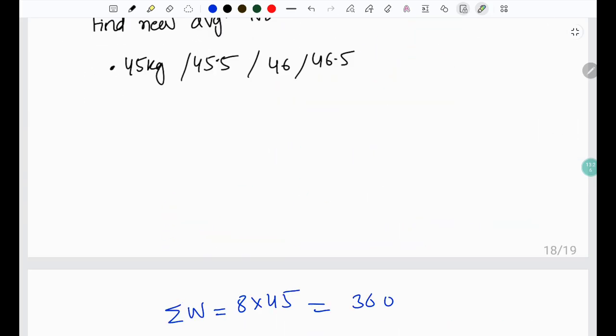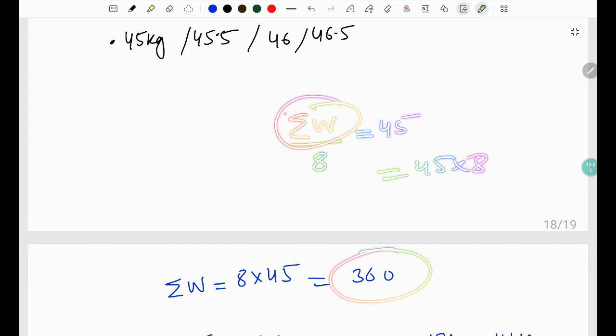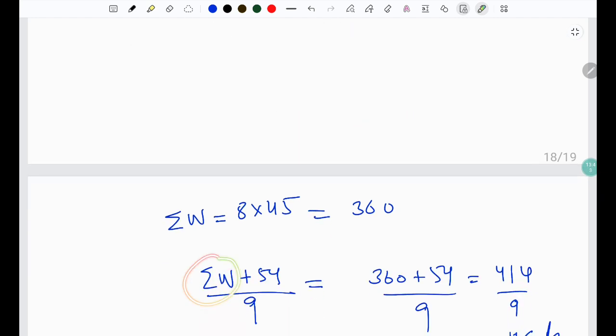So I can write the equation as the summation of the weights of 8 students over 8 was given as 45. So this summation of 8 students is simply 45 times 8, which came out to be 360. Now for the new average, we have to write the summation of all these weights, that was N1 plus N2 plus ... plus N8, and this was N9, 54 kg given.